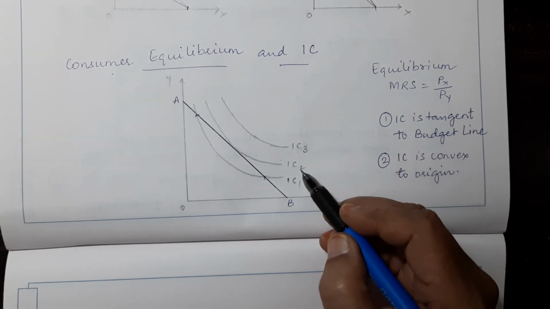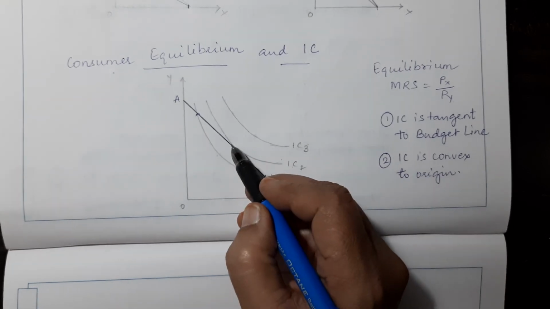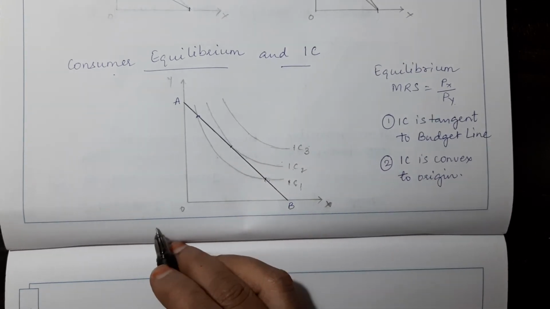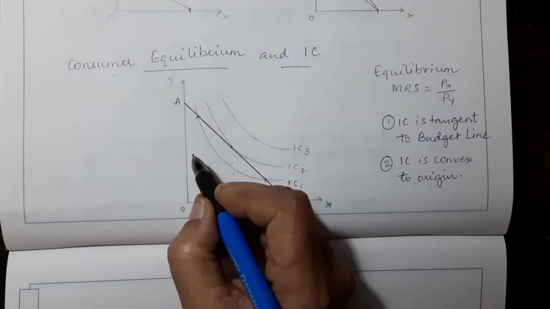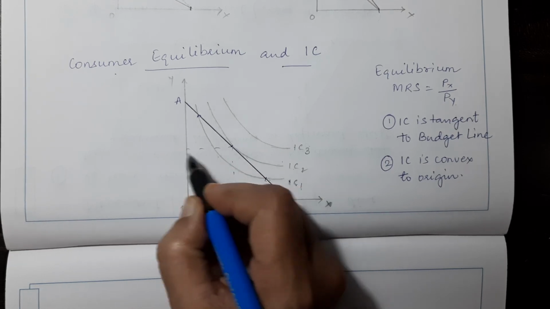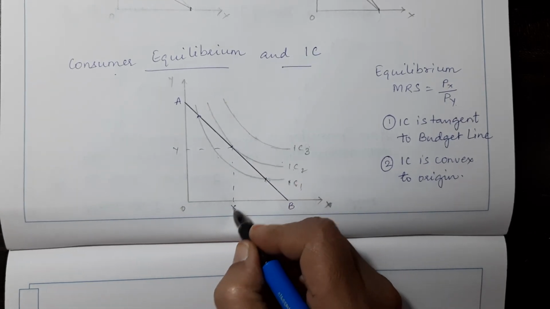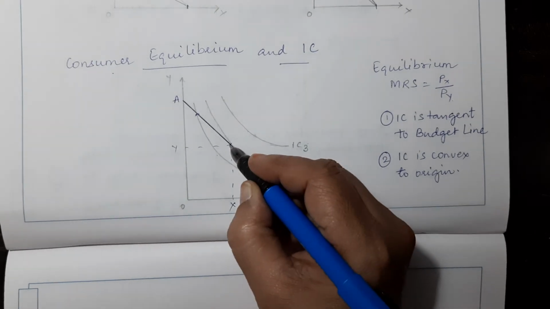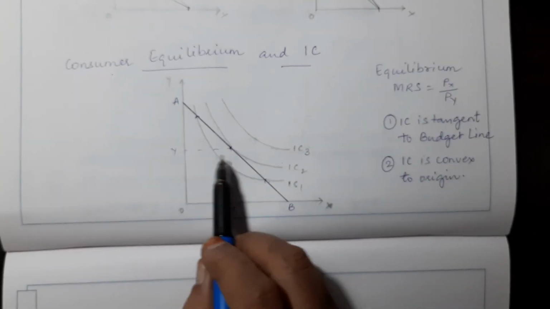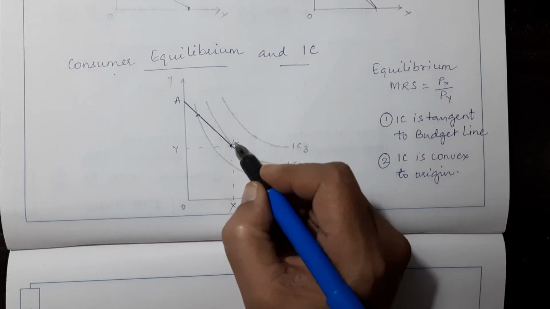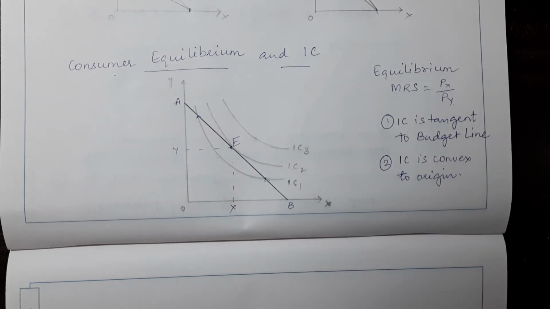Now if you look at IC2, there's only one point of contact on the budget line, where his consumption of good X lies here and his consumption of good Y lies here on these points, isn't it? So this point, where IC2 and the budget line intersect, will be called the equilibrium point.